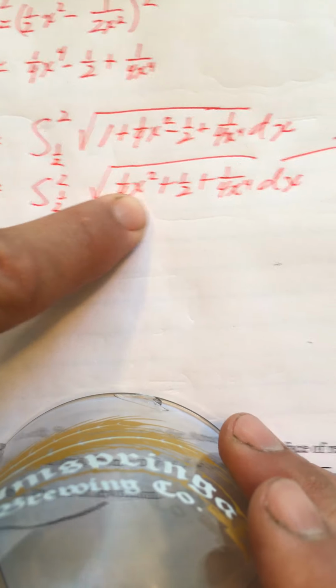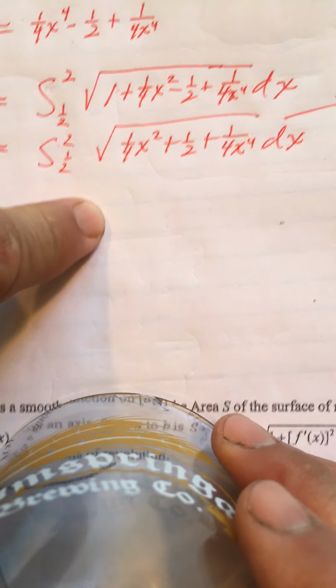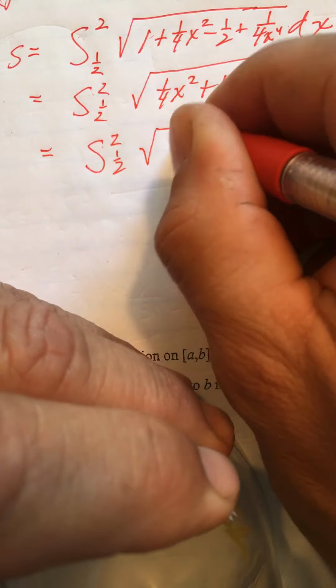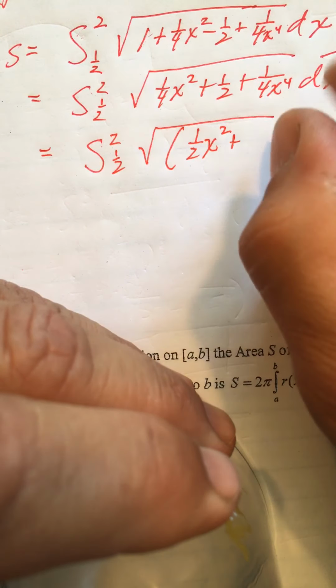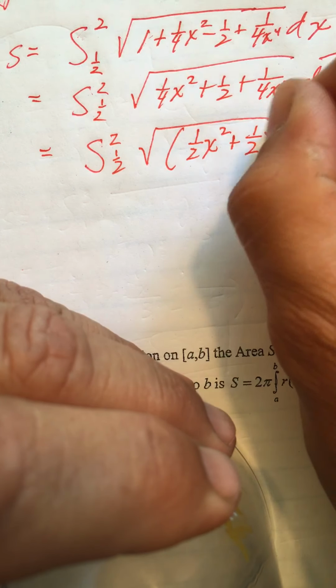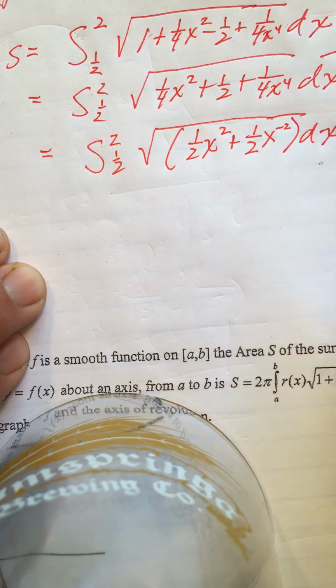So this is a PST, which means if this is a perfect square trinomial, it could be factored, which it can be, which is kind of cool. So this can be factored into the quantity 1/2 x squared plus 1/2 x to the negative 2. Now I could have kept that down below if I wanted to.